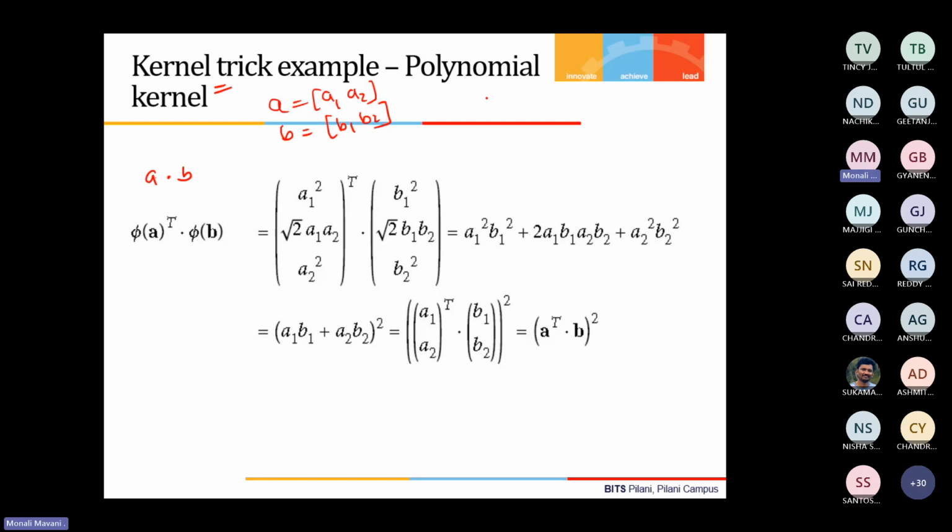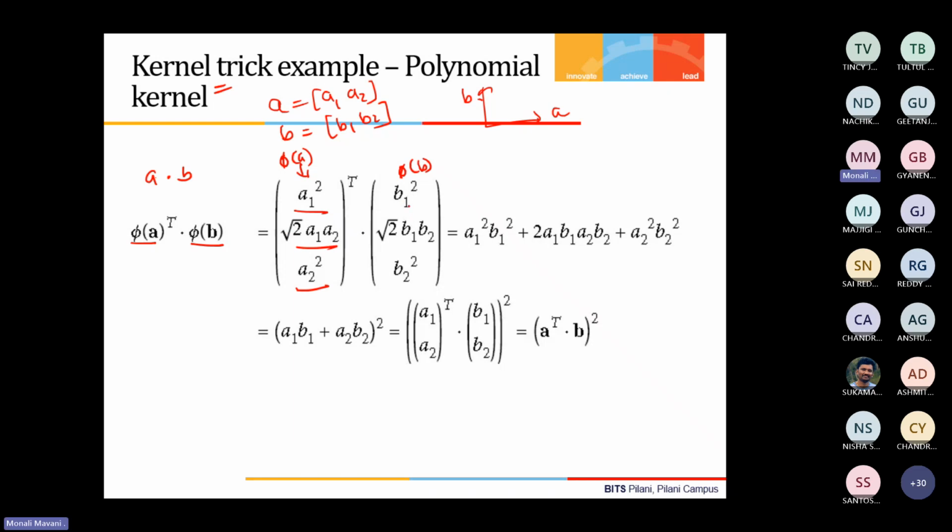Now we want to perform a nonlinear SVM. Let's say we first transform each of the features individually, so this is phi of A and this is phi of B, using some transformation function. From two dimensions we have created three features: A1 squared, A2 squared, and root 2 A1 A2.